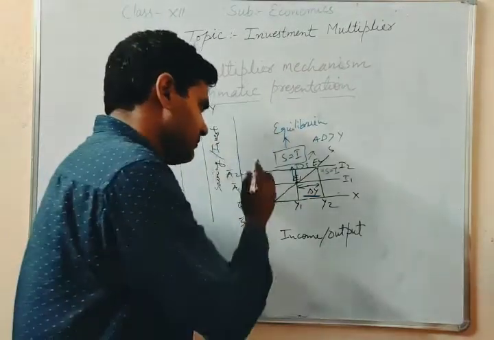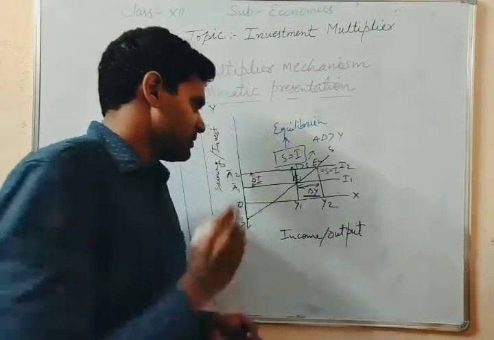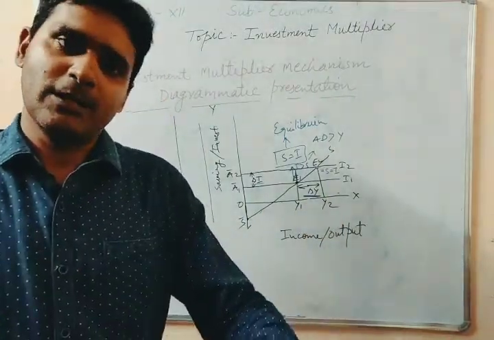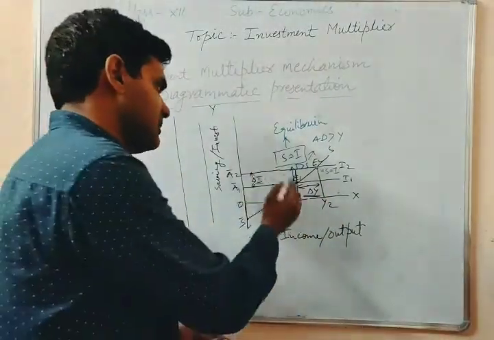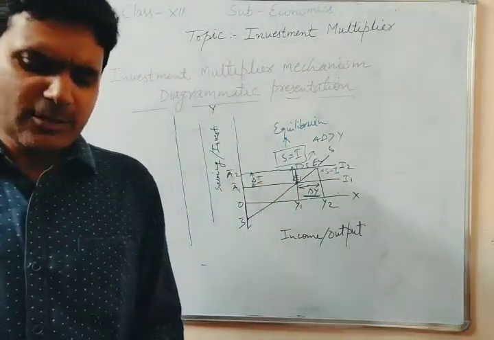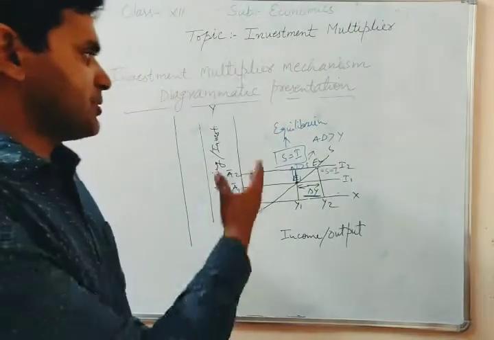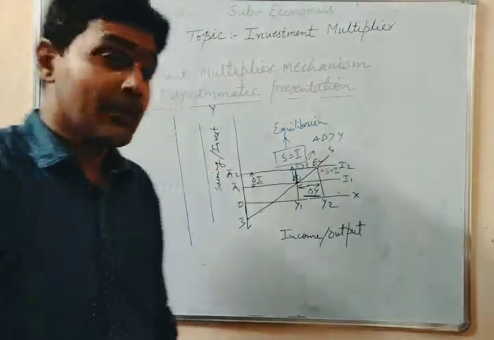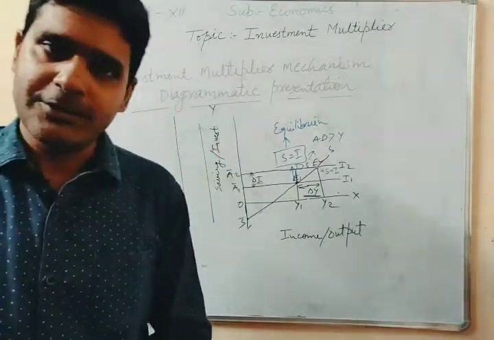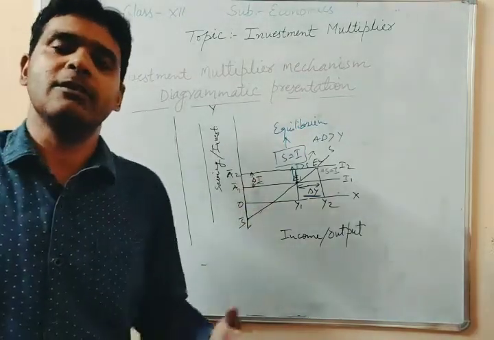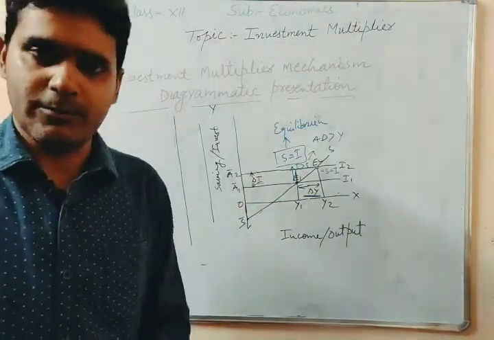That is why when we change investment, the income or output changes in multiples of investment. So this is how we can understand the functioning of the multiplier with the diagrammatic presentation of the consumption and investment approach, as well as the saving and investment approach.